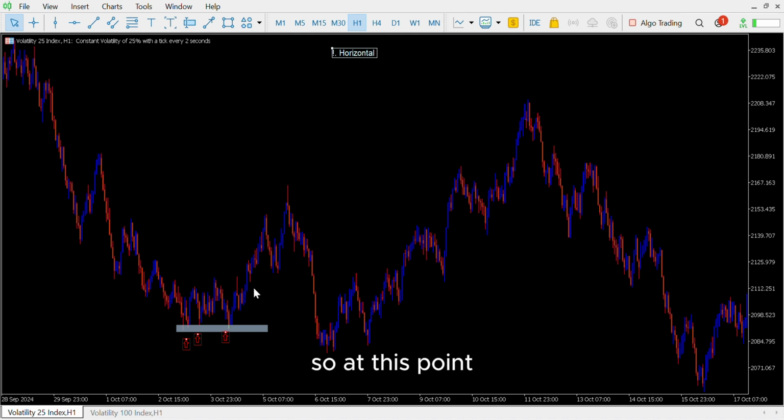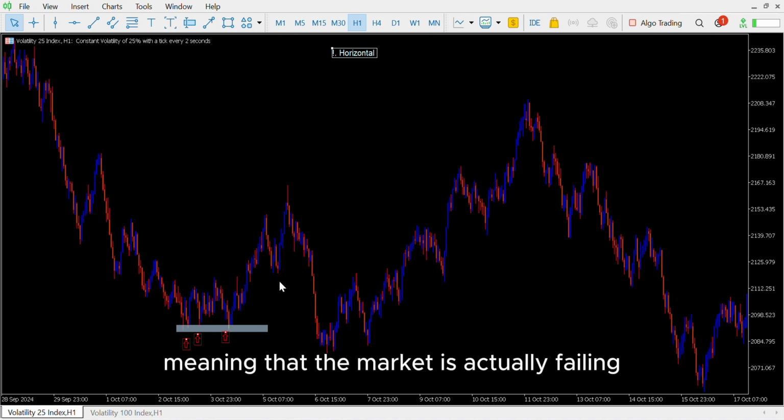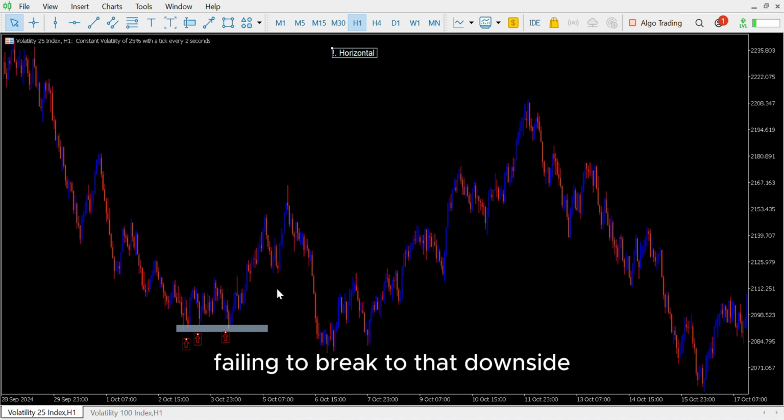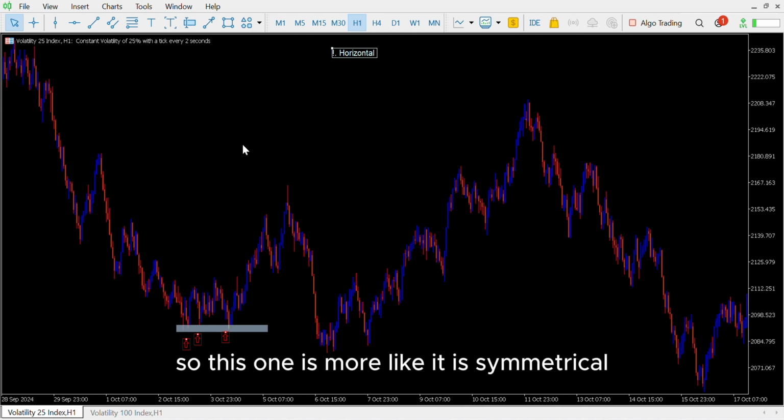So at this point, we call it the horizontal support, meaning that the market is actually failing to break to the downside due to this buying power at the horizontal. So this one is more like it is symmetrical.